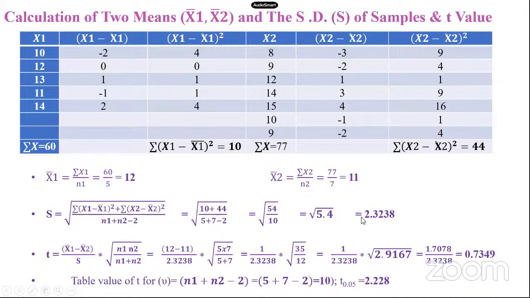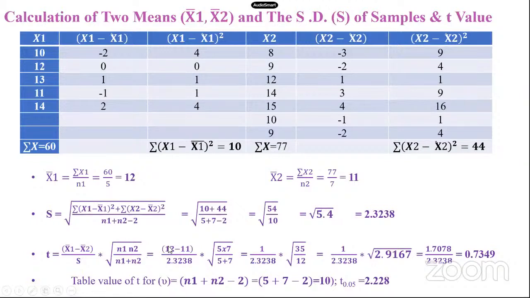After the standard deviation, go for the t value. The t value is equal to x1 bar minus x2 bar divided by the standard deviation into under root n1 multiplied by n2 divided by n1 plus n2.